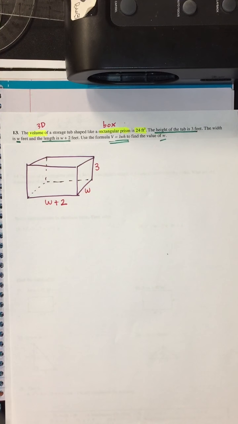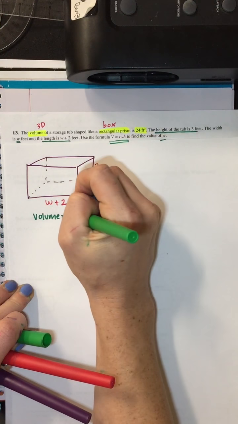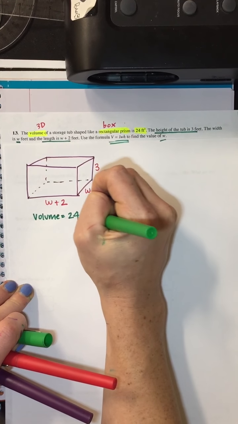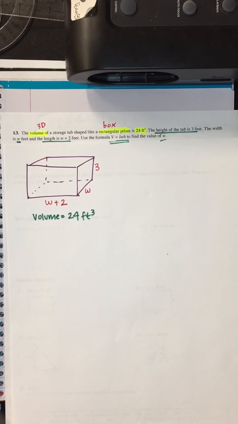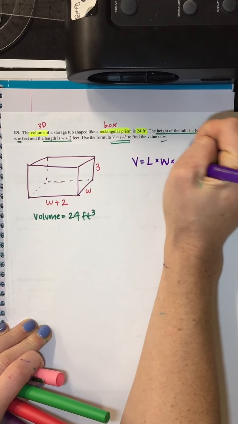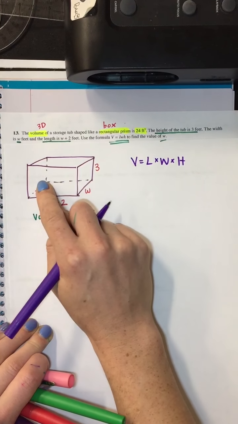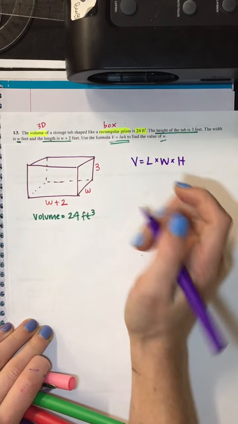And you know that the total volume is 24 cubic feet. So what I'm going to do here is write the formula V equals length times width times height, which is true of any box. And I'm going to plug in everything I know.